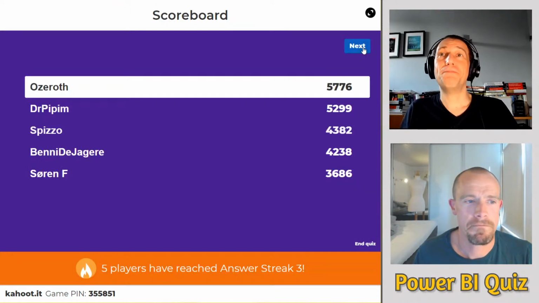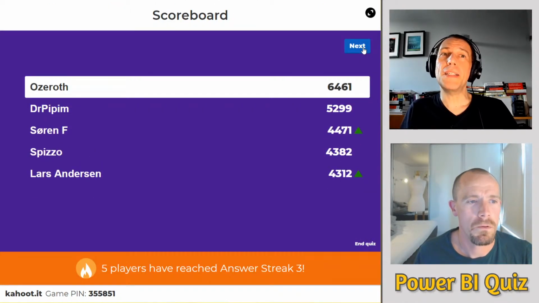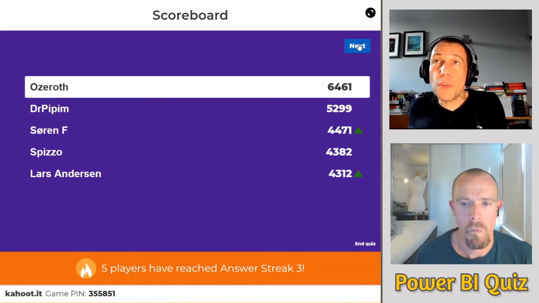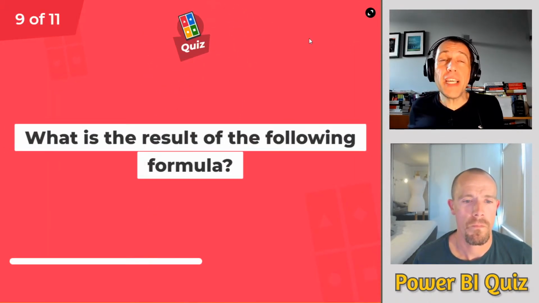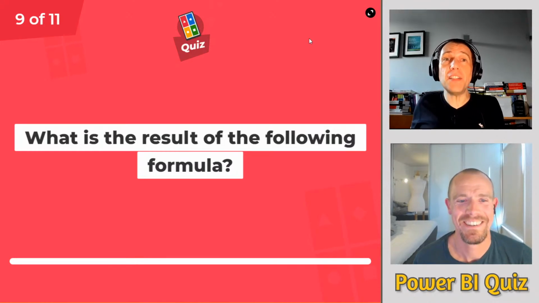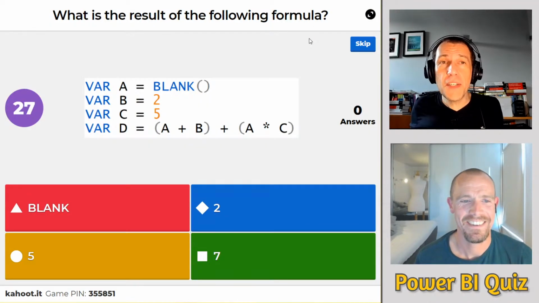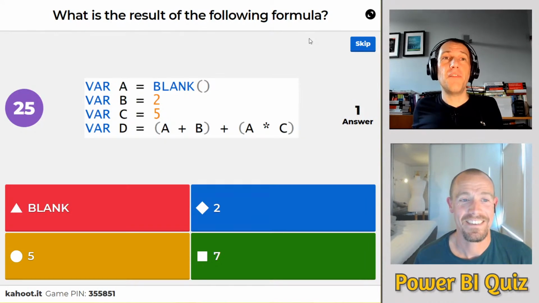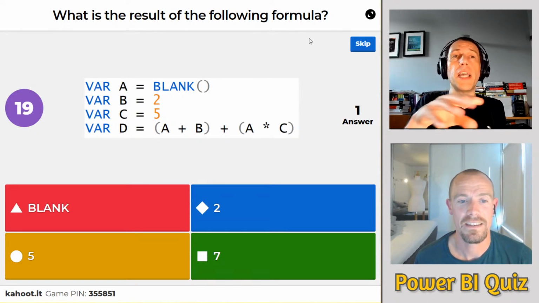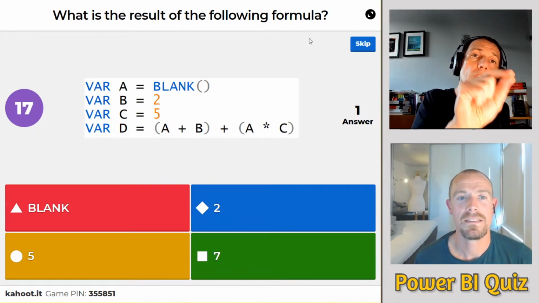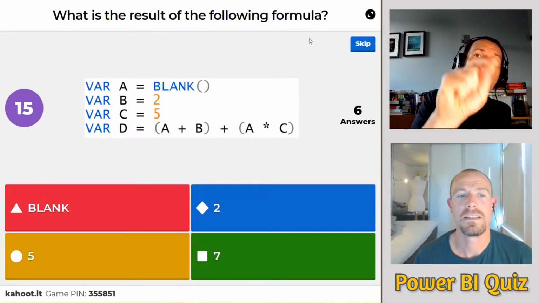Next question. Wow. So now, pay attention. We have a formula, and you have to guess what is the result of the following formula. So this is the formula. We have 4 variables. We want to know the result of the last variable, D. What is the result of D?